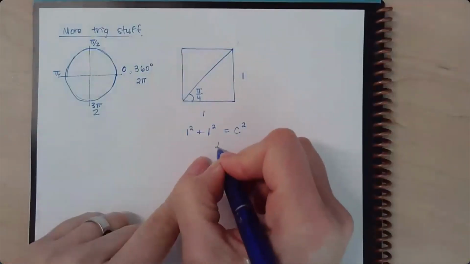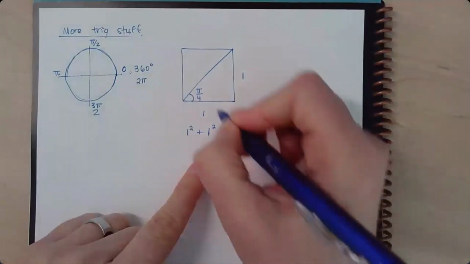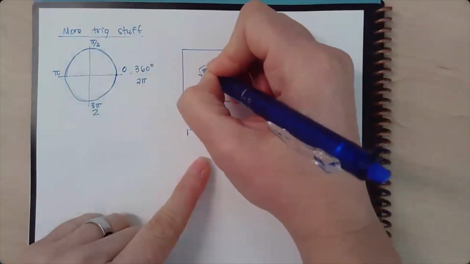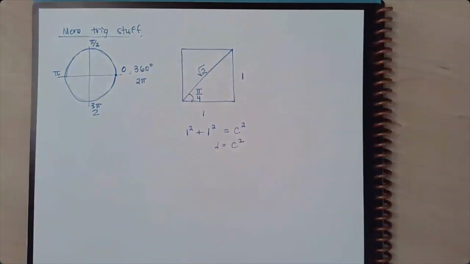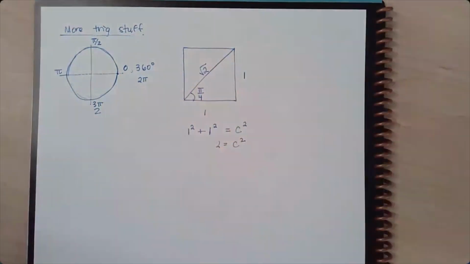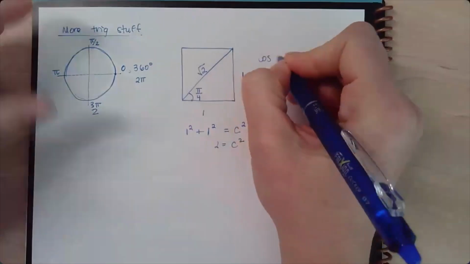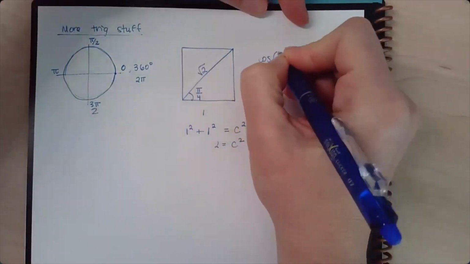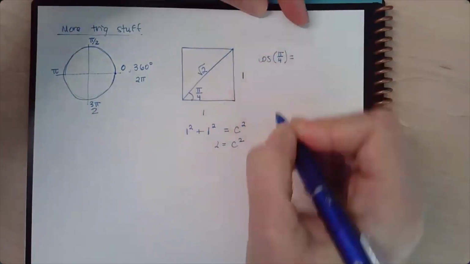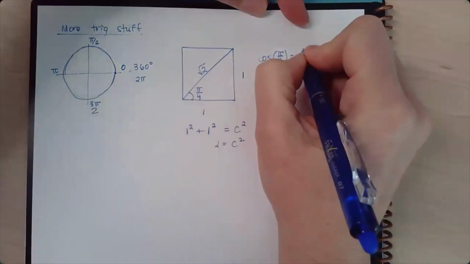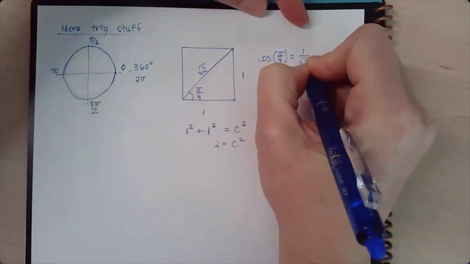So 2 is going to have to be equal to c squared, which means this length is the square root of 2. Using that picture, I can now say, okay, so cosine of pi over 4 is equal to 1 over the square root of 2.